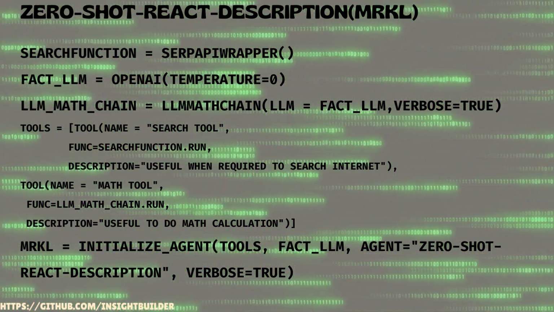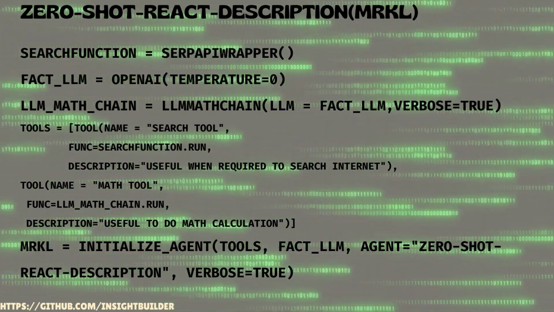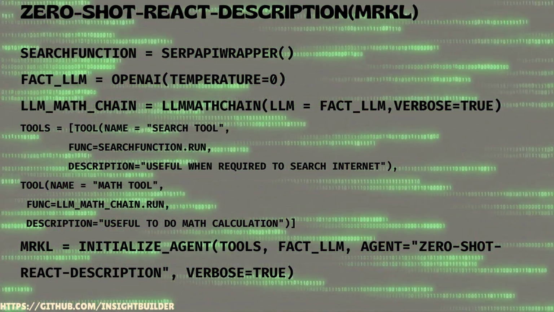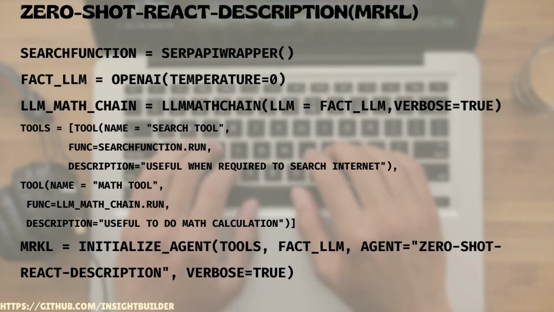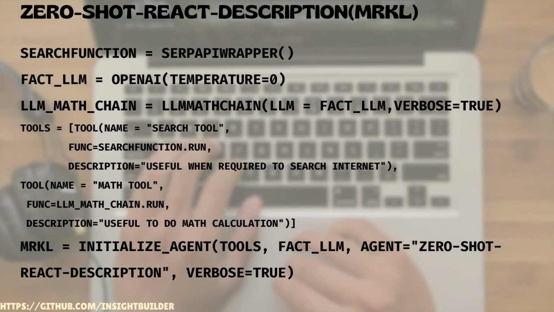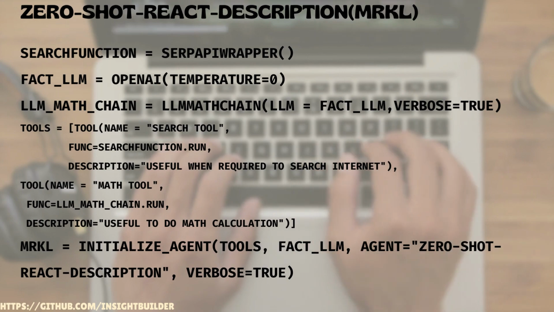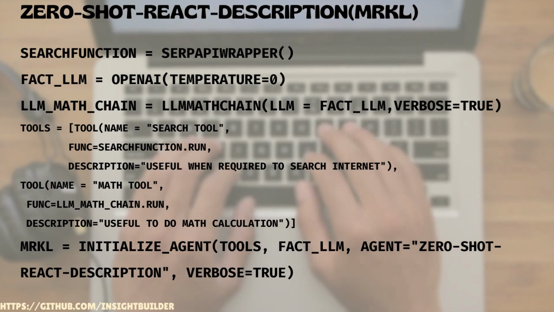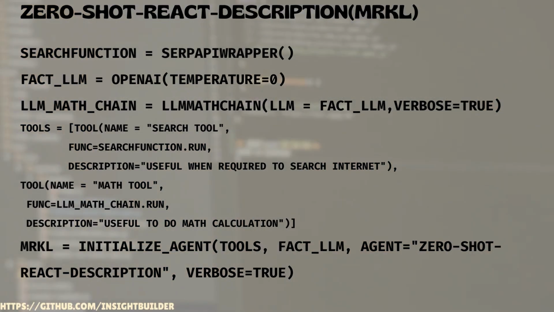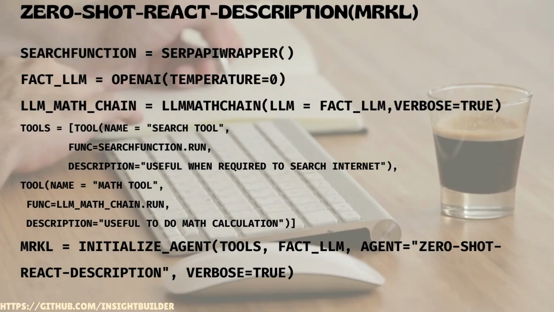What happens here is that in the tools area, I am importing the search tool, which is bringing the search function dot run. You see that as the first element of the tool, and in the second element of the tool, I am again using the tool name, the tool function, and the LLM math function.